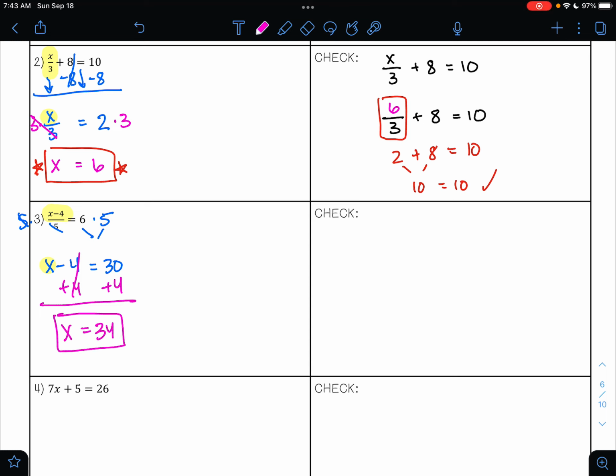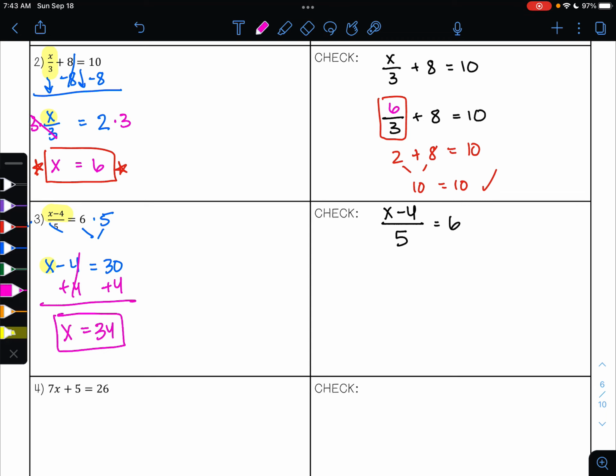Let's go ahead and check our work. So my original problem is x minus 4 divided by 5 equals 6. When we solved for x, we found that x was 34. So I'm going to have 34 minus 4 divided by 5 equals 6. So let's see. 34 minus 4 is 30.